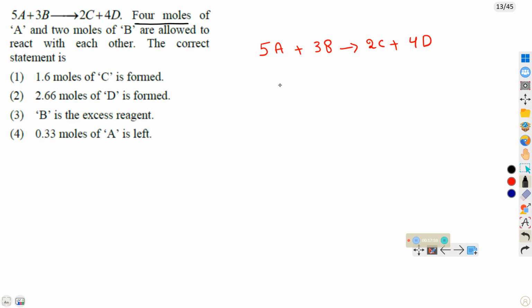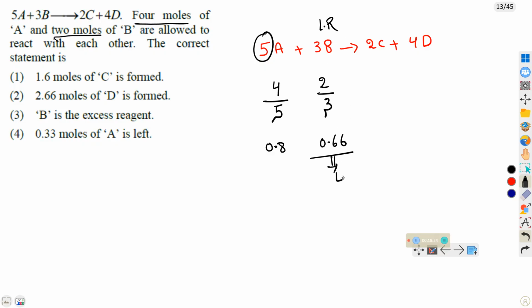Number of moles divided by stoichiometric coefficient. Here also, number of moles, 2 moles, divided by stoichiometric coefficient. 2/5 value is 0.8. 2/3 value is 0.66. So based on this, limiting reagent is B and excess reagent is A.